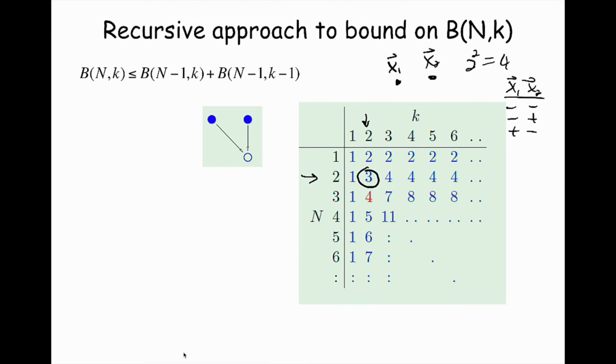So the maximum number of dichotomies you can generate with a breakpoint of 2 is 3 different dichotomies. And so we get 3 here. And that also verifies this recurrence relation. That's the same as saying 1 plus 2 gives us that 3. Does that make sense?